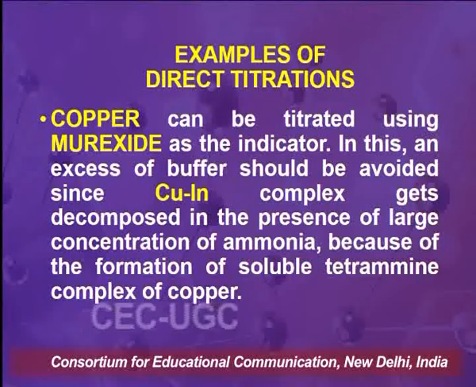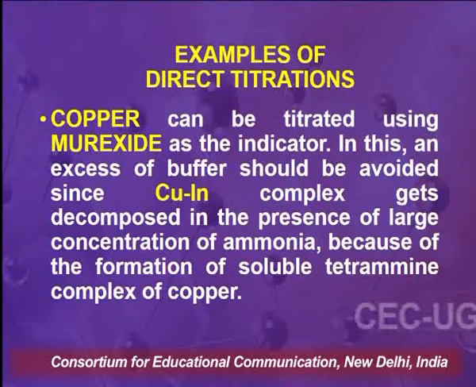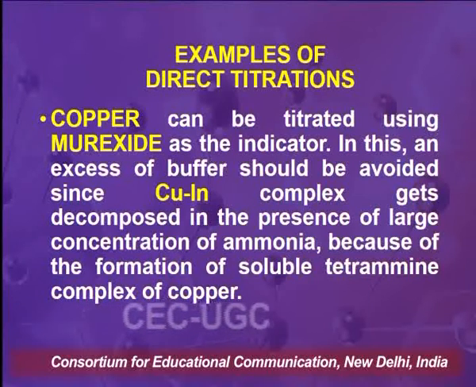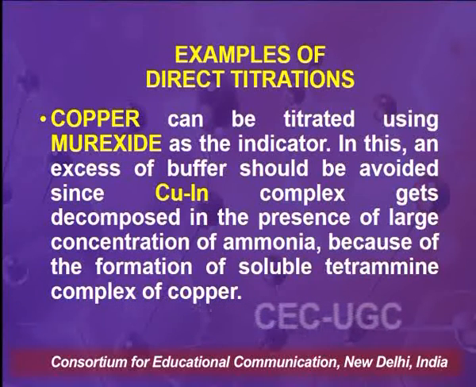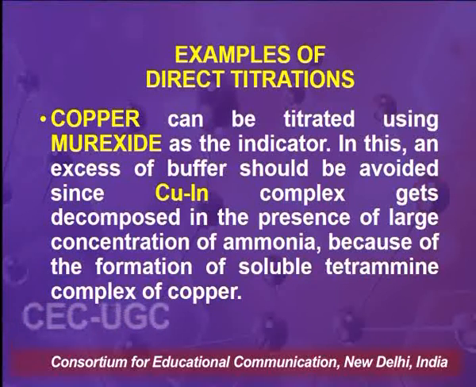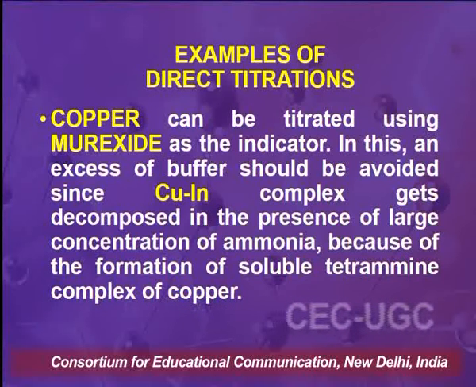Copper can be titrated using murexide as the indicator. In this, an excess of the buffer should be avoided, since the copper indicator complex gets decomposed in the presence of a large concentration of ammonia because of the formation of the soluble tetraammine complex of copper.